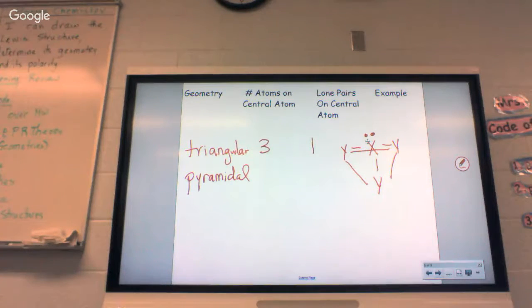How many atoms you got? How many lone pairs you got? So what does it do? Got it? As you draw this, you'll have to count.